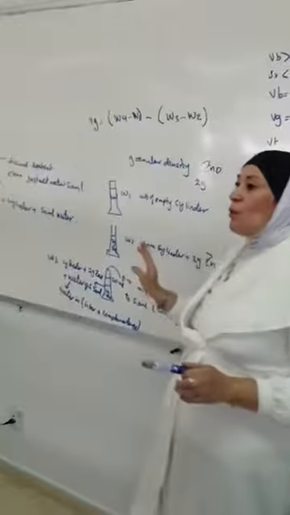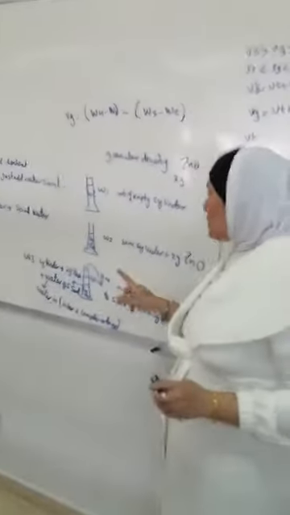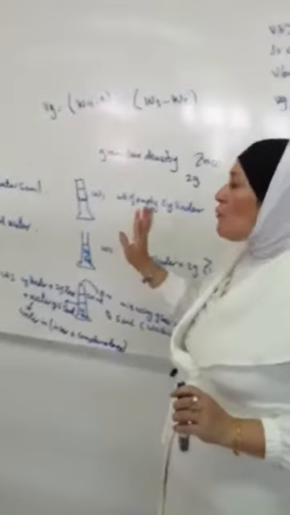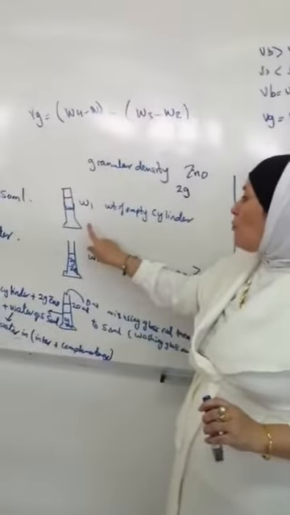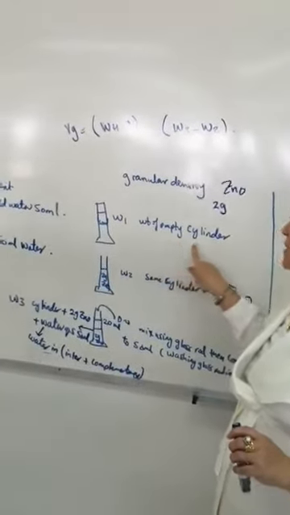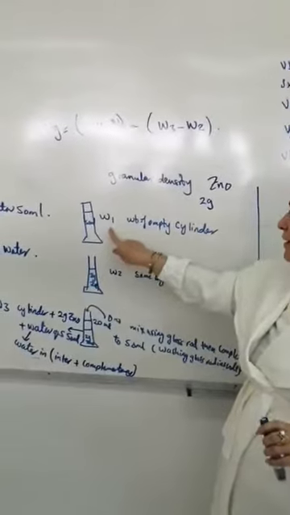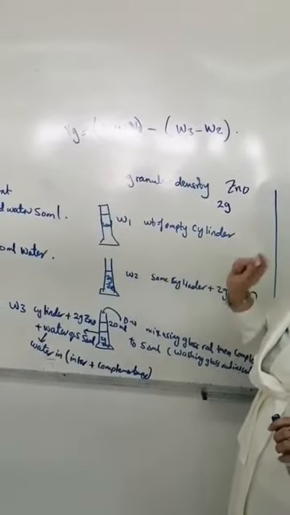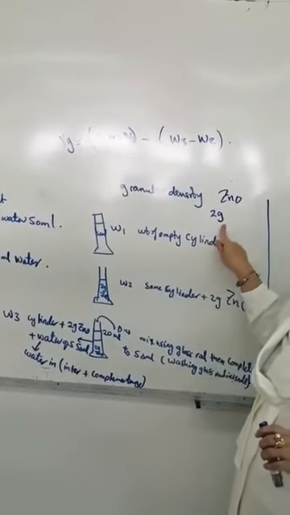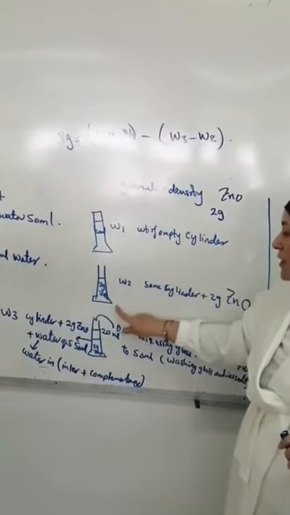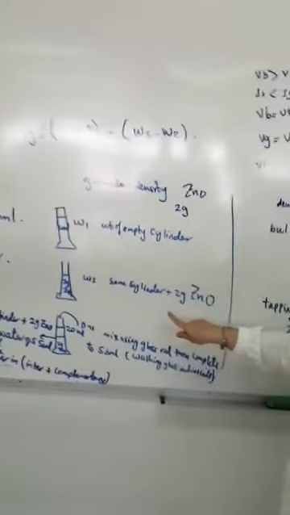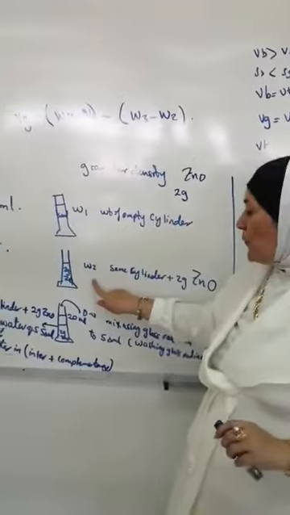The technique is called liquid replacement. Step 1, weigh the empty, dry cylinder and get the weight. Then the 2 grams of zinc oxide is added to the same cylinder and reweighed as W2.